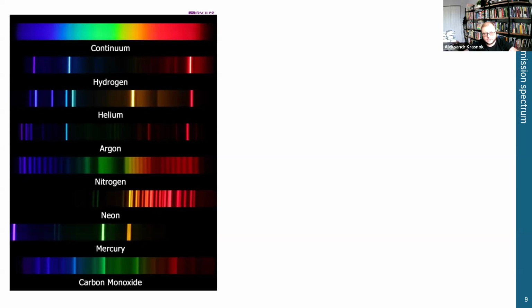Not only stars but also planets, right? We can tell what their atmosphere is composed of: hydrogen, helium, and so on and so forth. We can tell if the planet has water in its atmosphere and so on.